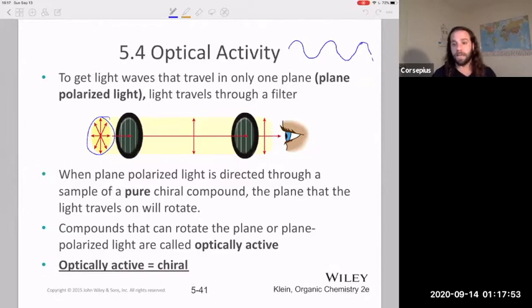They're filtering out the vast majority of light using one of these special filters. So the only thing that's coming at you is light that's in a specific direction. Okay? What we're going to see is that chiral compounds can rotate this plane polarized light, okay? So optically active is the same thing as saying chiral.